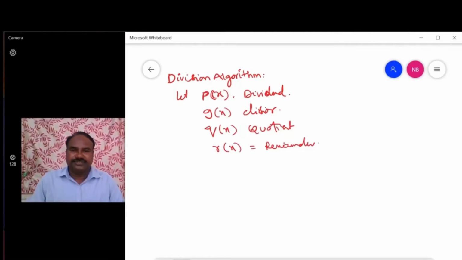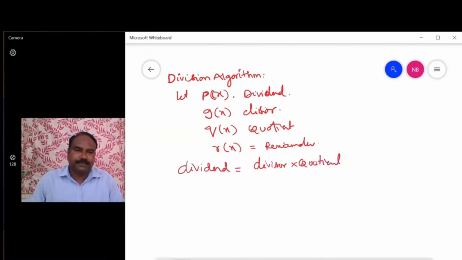Then according to the division algorithm, dividend is equal to divisor into quotient plus remainder.